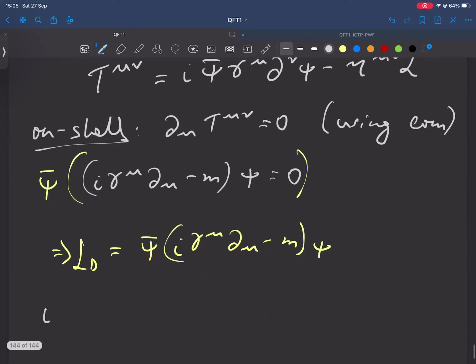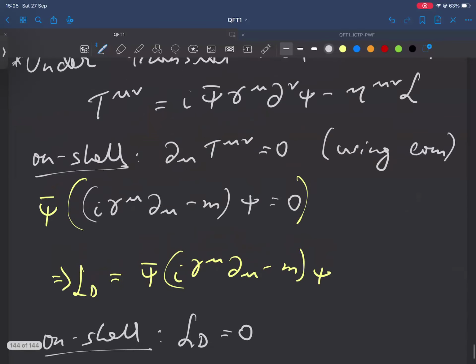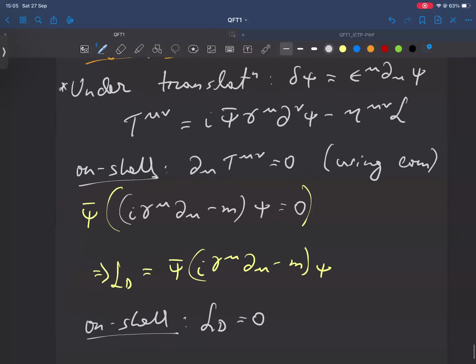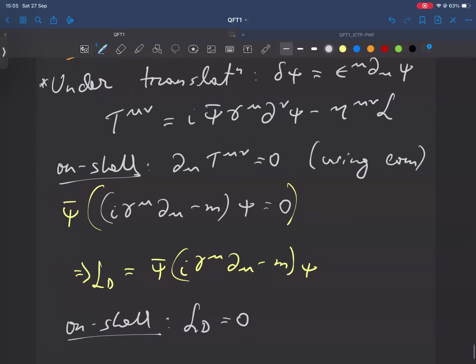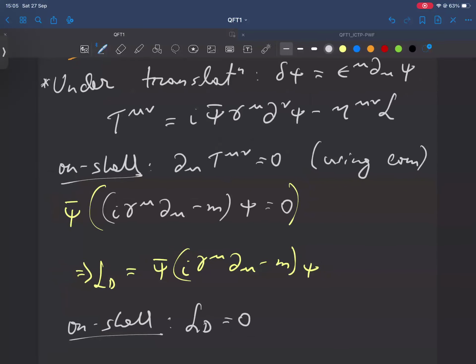So it means that on shell, the Dirac Lagrangian is just 0. Which is quite new, because in the complex scalar field case this didn't happen. But that again is tied to the fact that the Dirac Lagrangian is first order in fields.